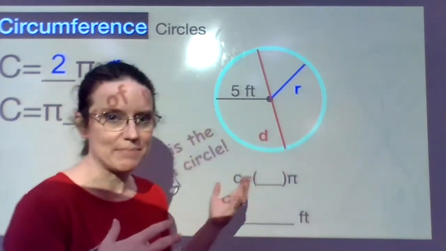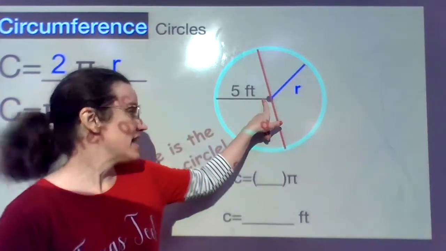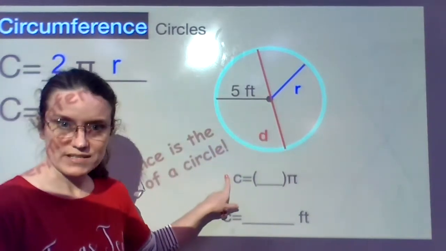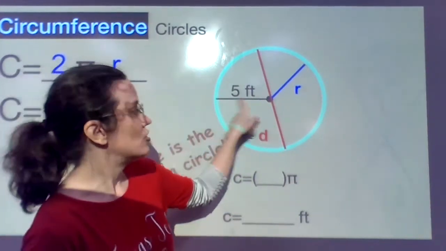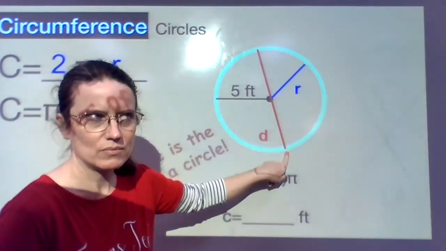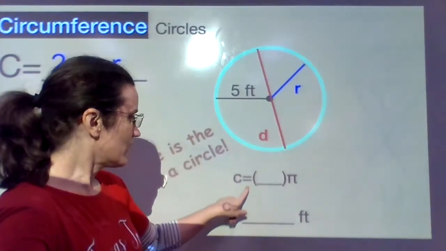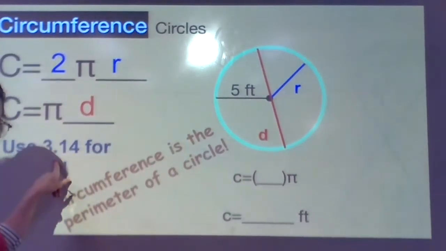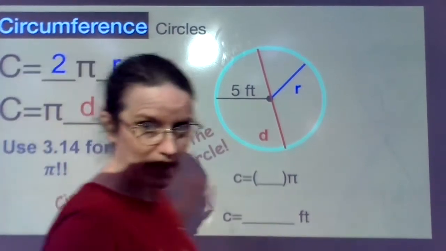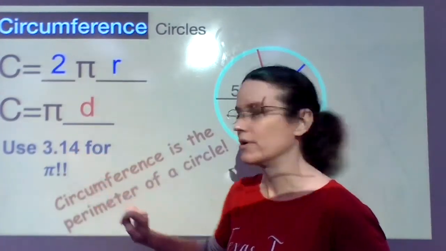And so an example, oh look, a circle, it's got a radius of 5. And so in order to find its circumference, I will either use 2 times the 5 and get 10, or I will use the diameter, which is 10. And so let's find our circumference. I'm going to use 3.14 for pi because pi goes on forever and is annoyingly long, so we tend to round off here at 3.14.